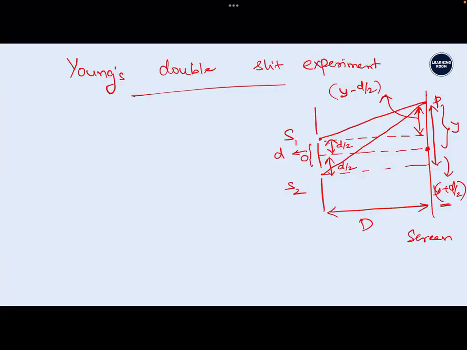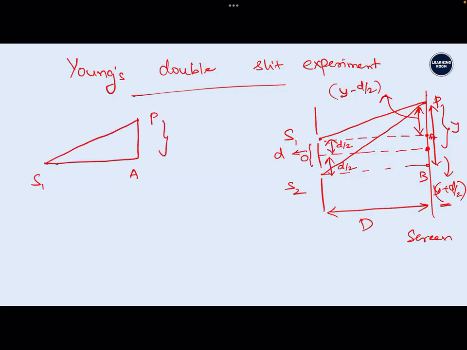Now listen. If I take this point C and point B, then I'm able to find two right angle triangles, S1AP, where AP is y minus d by 2, and this distance is capital D. So what is S1P? S1P square is y minus d by 2 the whole square plus capital D square.